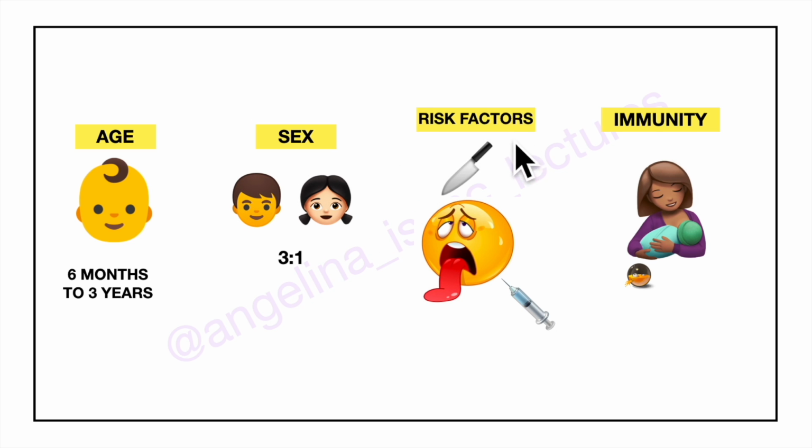Next, looking at the risk factors, fatigability, trauma, intramuscular injections, and operational procedures like tonsillectomy at the time of epidemics hold a major risk factor to precipitate poliomyelitis. Next, looking at immunity, the maternal antibodies disappear by 6 months, and a single attack can hold a lifelong immunity, but chances of reinfection can also occur.